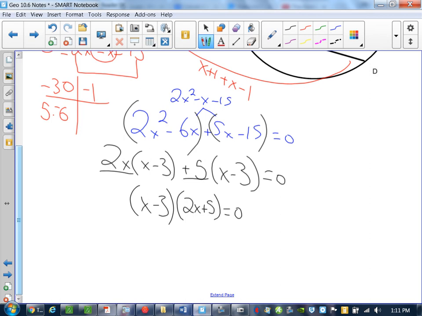Okay. Once you get to your terms, again, you set each term equal to 0 to find then the zeros. Terms and zeros, zeros and terms.